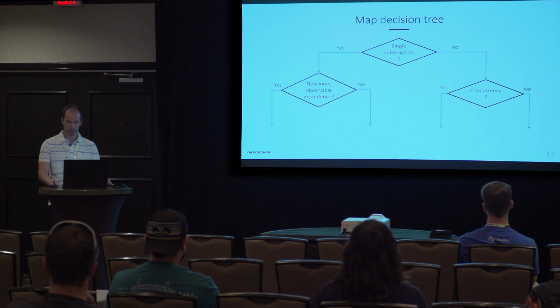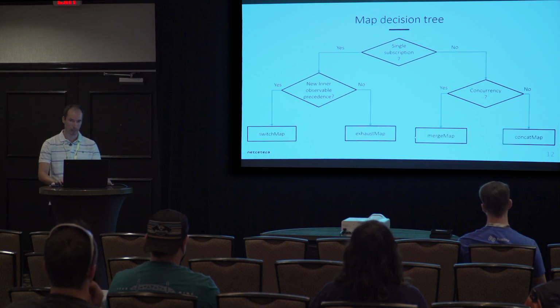So which one supports concurrent emissions or out of order emissions? Yes. And the concat map is basically like merge map with concurrency set to 1. And here we have it.